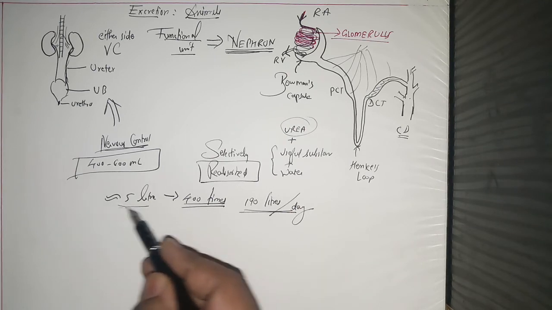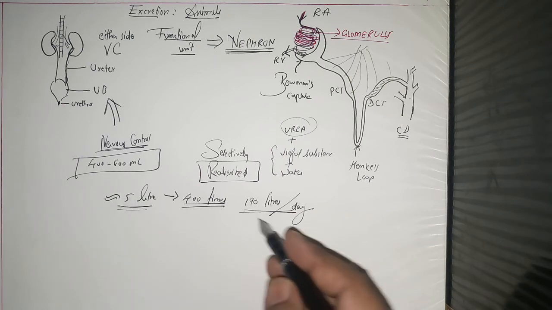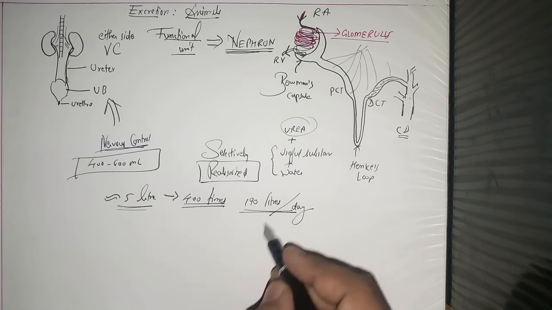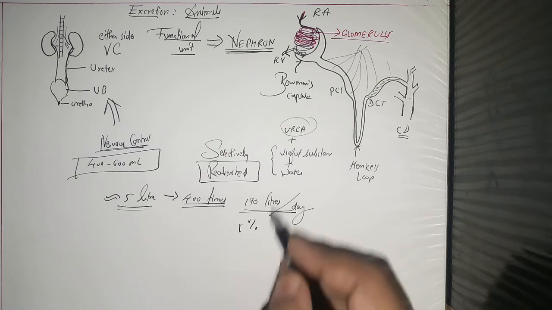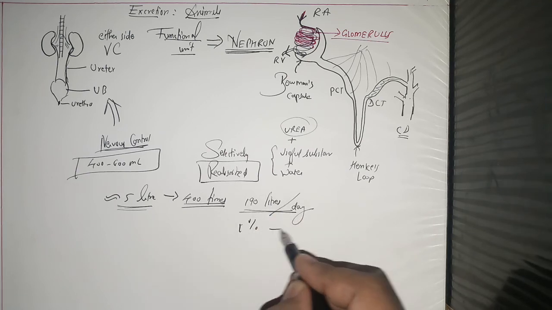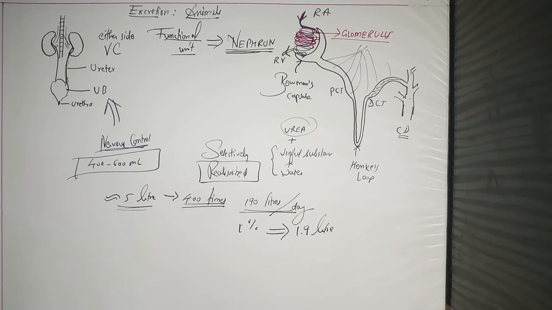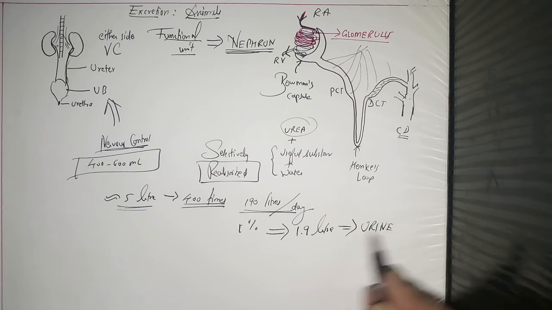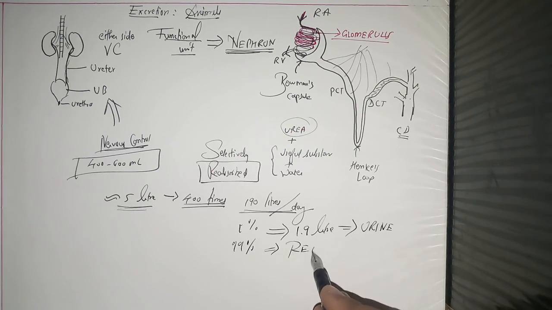It is approximately 5 liters, actually less than 5 liters. So 190 liters per day, and 1% of it, now it's maths, what is 1% of 190 liters? 1.9. 1.9 liters to 2 liters we urinate. What happens to the next 99%? It is reabsorbed. Amazing, isn't it?